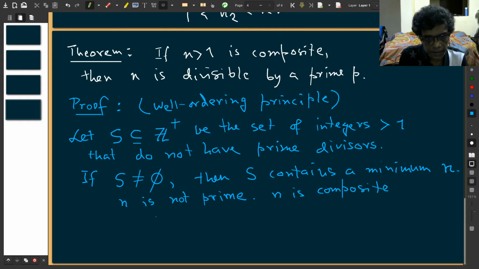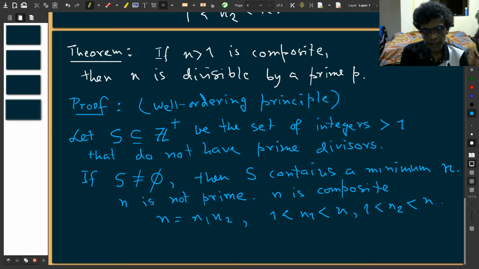That is, I can write N equal to N1 times N2, where 1 is less than N1 less than N, and likewise 1 is less than N2 less than N. But note that this S contains all integers that do not have prime divisors, and N is the minimum of them.